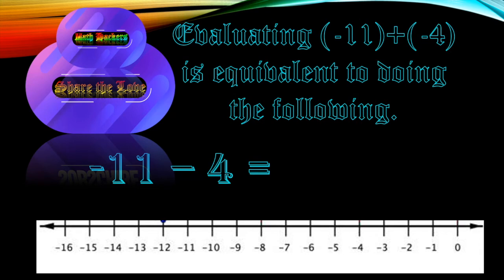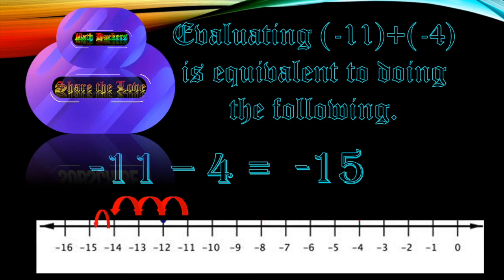Evaluating negative 11 plus negative 4 is equivalent to minus 11 minus 4, which equals minus 15. As illustrated on the screen, starting at negative 11, stepping another 4 steps to the left gives us negative 15.